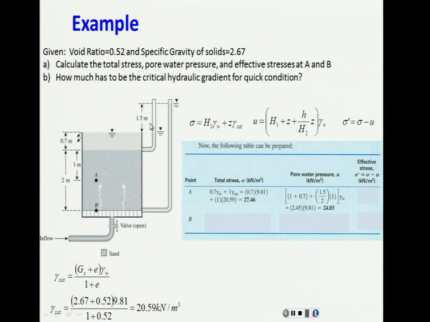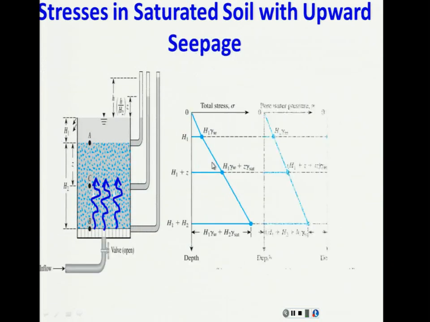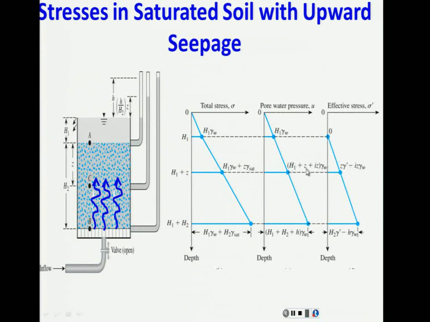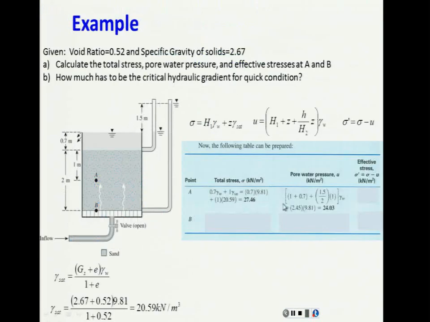That means that you have to include the ratio of this difference in height. The ratio is 1.5 divided by 2 and multiplied by 1. If you have doubts, remember this part here that we did before. This ratio. This is the part that I was explaining.